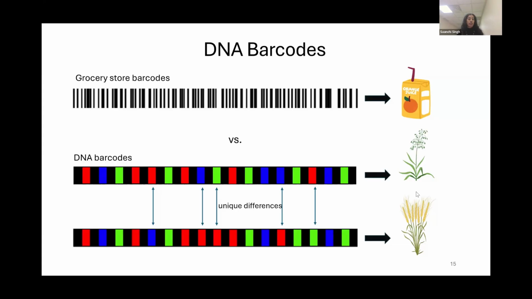So there are certain gene regions that contain characteristic differences in the DNA sequence, which corresponds to specific species. So here in the figure that is labeled part of the DNA barcodes, there are unique differences between grass species that I'm showing you with the arrows.